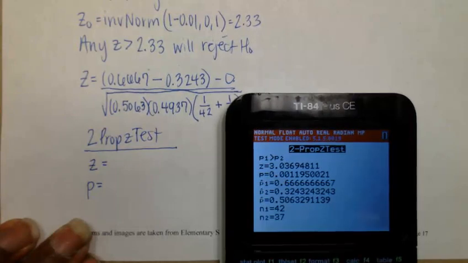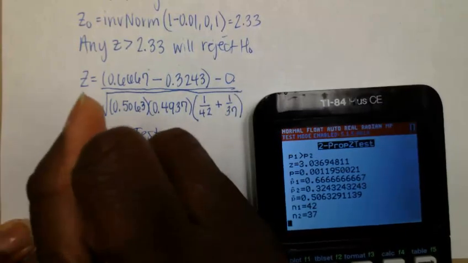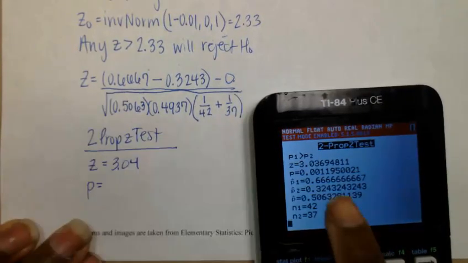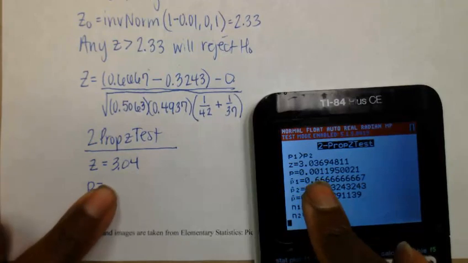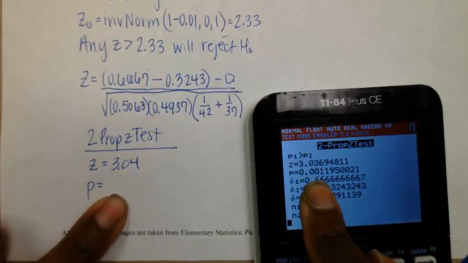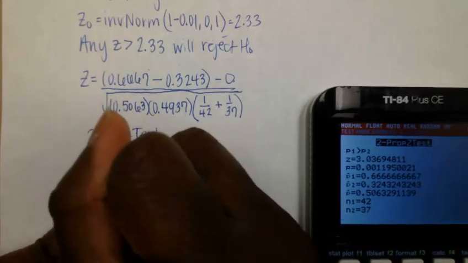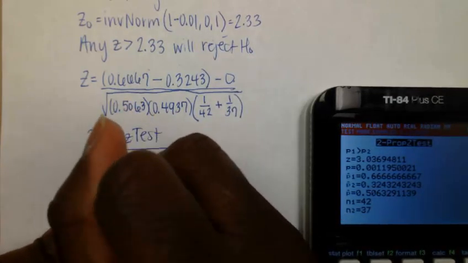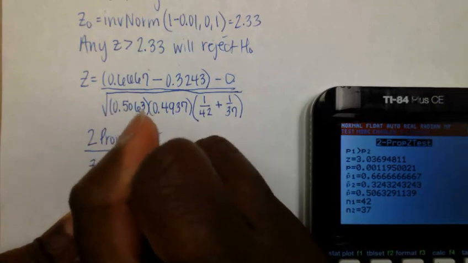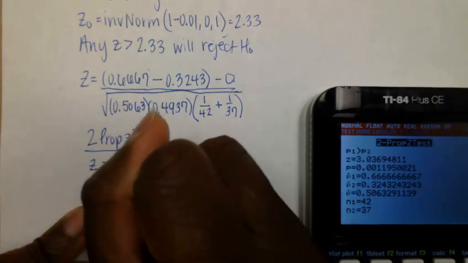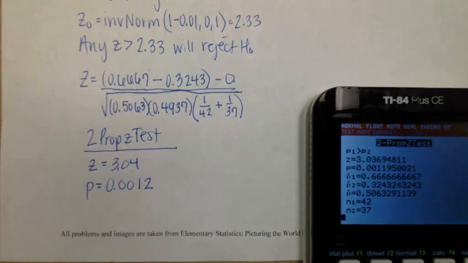So for Z we use 2 decimal places because that's what Table 4 has. For P we're going to use 4 decimal places because it is a probability. 0.0012.